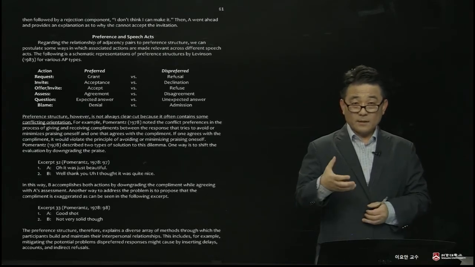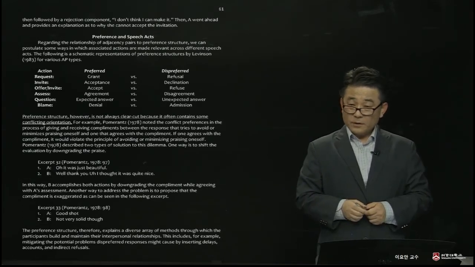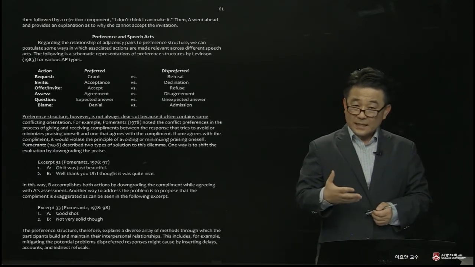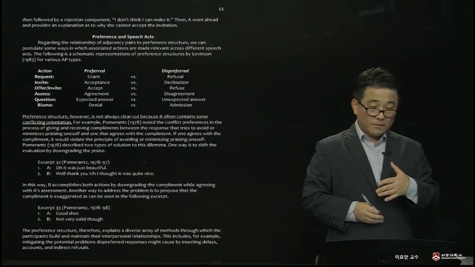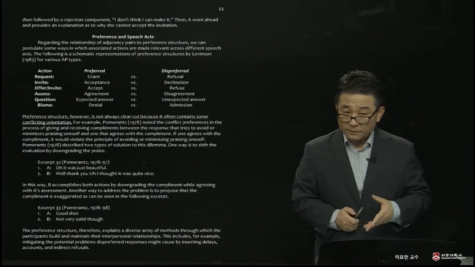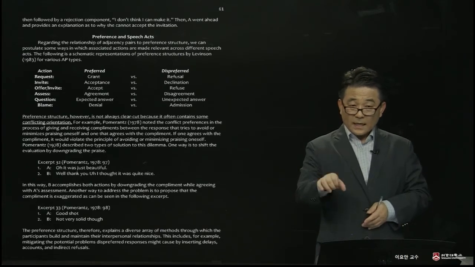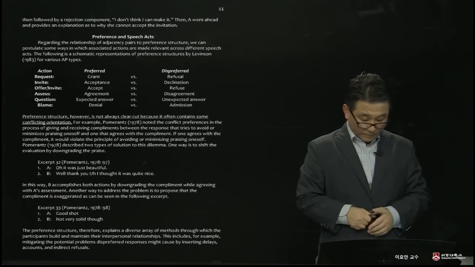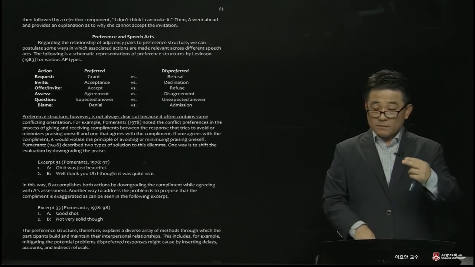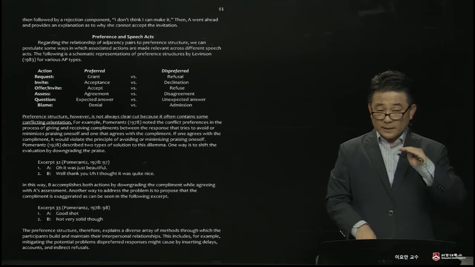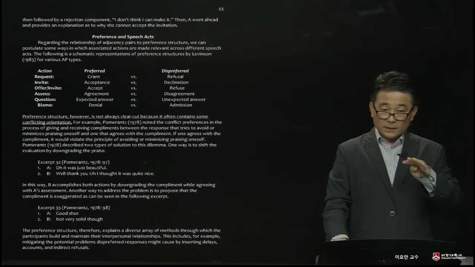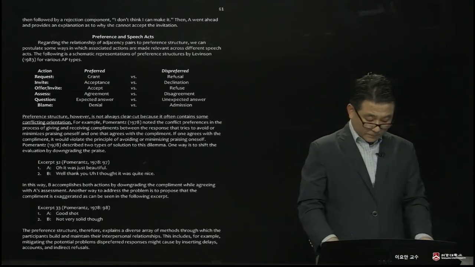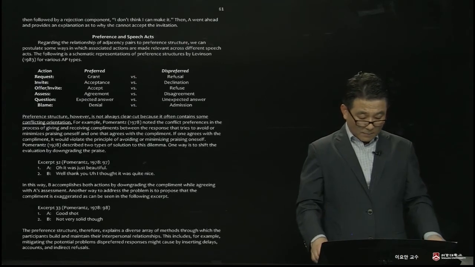For example, if somebody says to you, "You did a very good job," and you agreed, then you would say, "Yes, I did." But that maybe sounds very awkward because you're praising yourself. So praising and compliment have a sort of conflicting interest. So there are some ways for the participants to downgrade and mitigate this conflicting interest. The examples are 32 and 33. I think you could understand what that means if you read it.